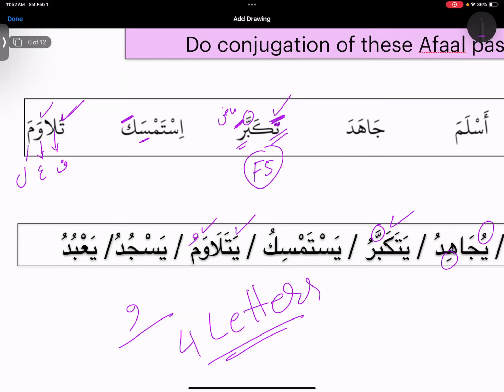It should be yatalawamu because it is Mudari, so the last letter has to be Dhamma. See, all fathas. So whenever these families start with ta, you will see that they love fathas. You are going to give them as many fathas as they want. Just copy this whole thing again, put ya and ma. That's all.